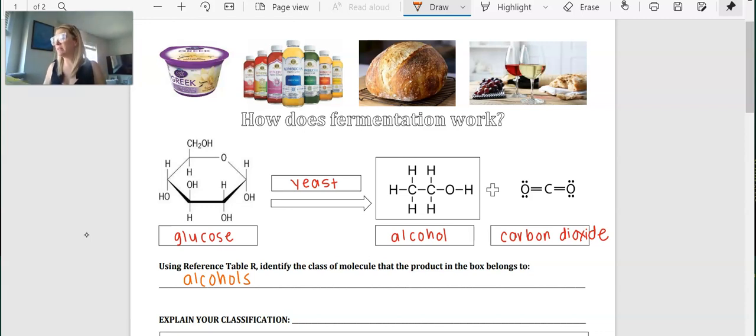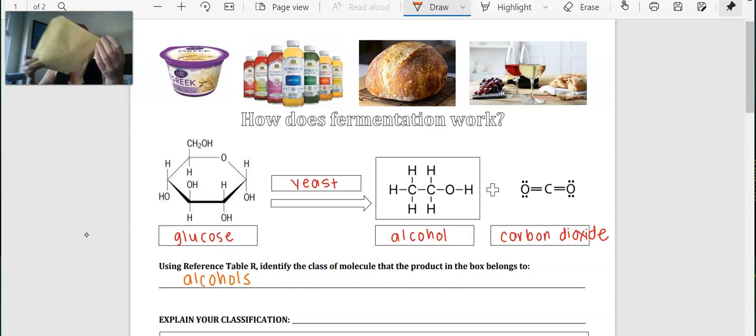Well, in order to explain that classification, you're going to want to use your reference table. Again, reference table R is a series of organic molecules, and in table R we can see that alcohol is going to be our second group down. So how do I know, just by looking at that molecule, that this is considered an alcohol?